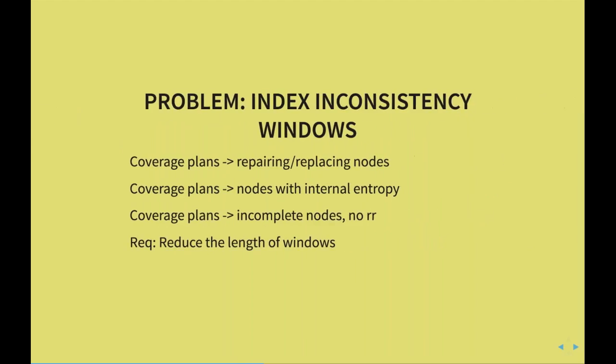Index inconsistency is the next area of problems. This is a particular problem when we're doing force-replace type operations, when one individual node has gone beyond the state of repair. Let's say its RAID controller has died and that's corrupted a load of the disks. So we need to force replace that in the cluster. We can't do a neat replace whereby it slowly hands off its data.